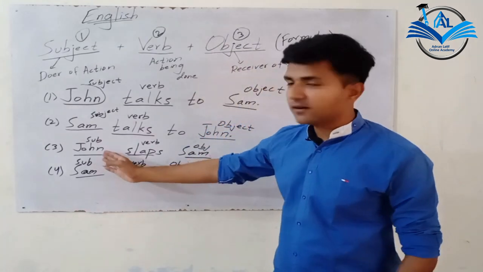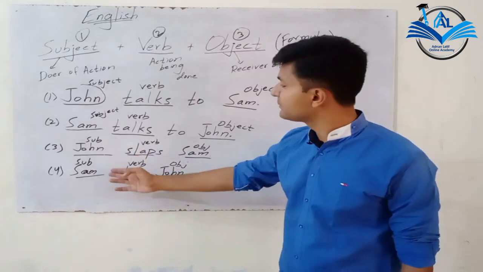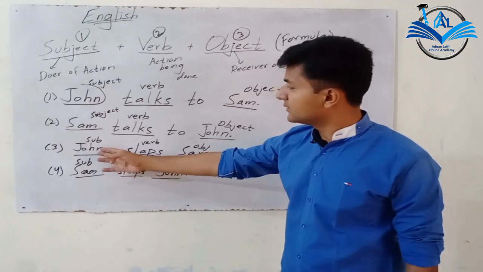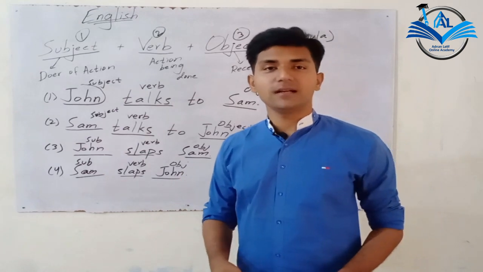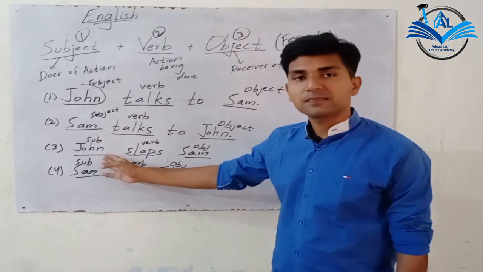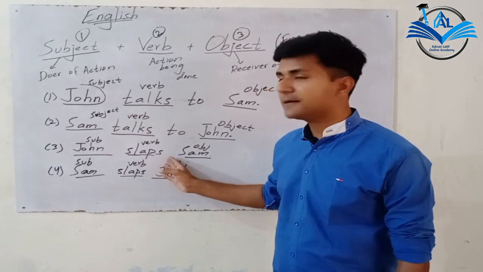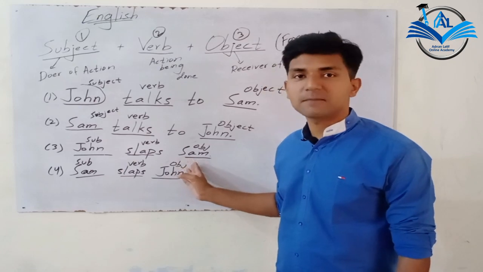And then we have another example, and it is a very funny example. Here John slaps Sam. Both friends are sitting and as a kidding, John slaps his friend in a friendly way. He slaps his friend Sam.